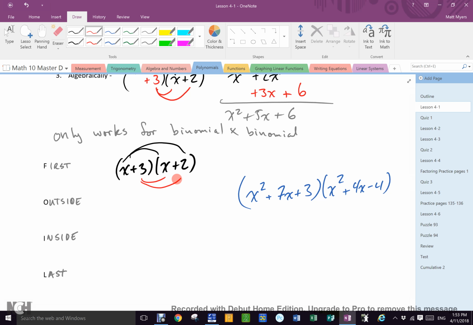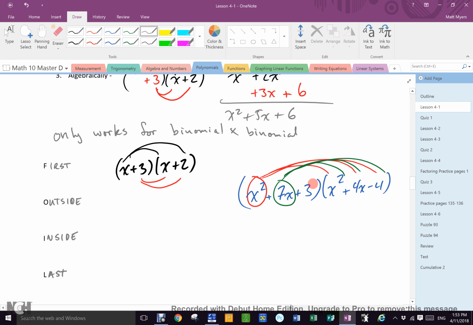So now that I have told you that I disdain the use of FOIL, and I've gone out of my way to draw it, and I've shown you a place where FOIL will not work, all of you should be able to figure this out now. What would I do with that x squared? Distribute it. How many times? Thrice. 1, 2, 3. What would I then do with that 7x? How many times? Thrice. 1, 2, 3.